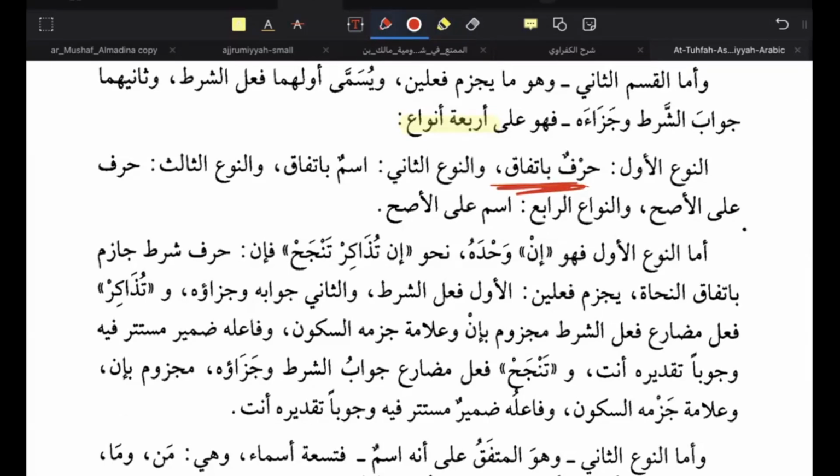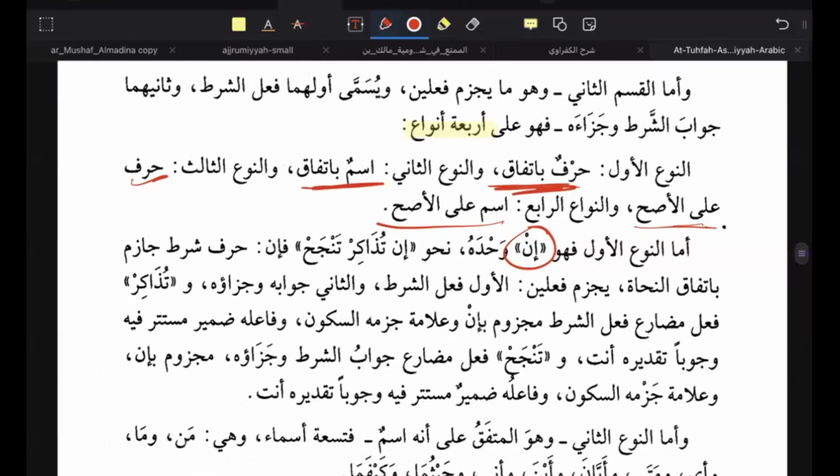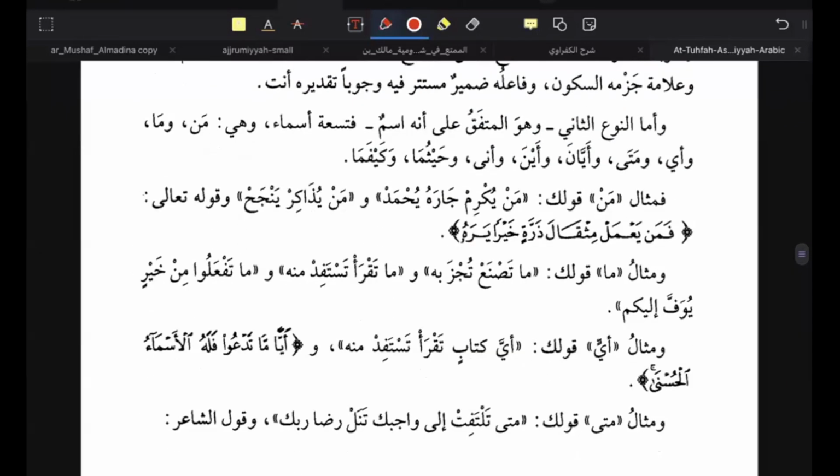The second is ismun bittifaq, which everybody agrees is an isim. The third is harf ala al-asah, that it is a particle in the most correct opinion. Another is isim ala al-asah, that means it is a noun in the most correct opinion. So that's the whole discussion he's doing here.